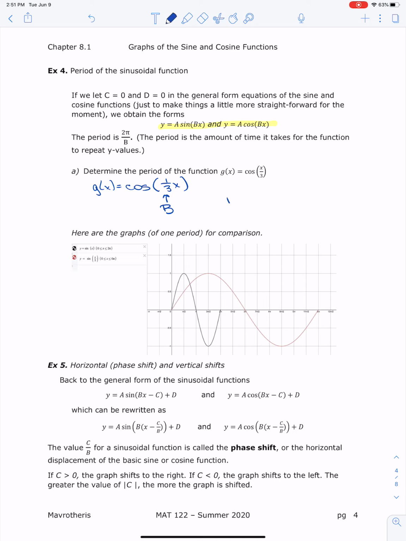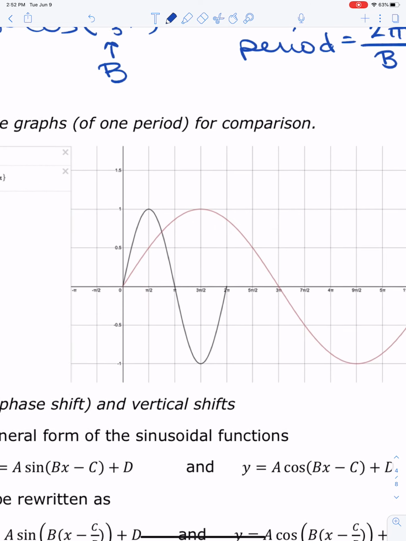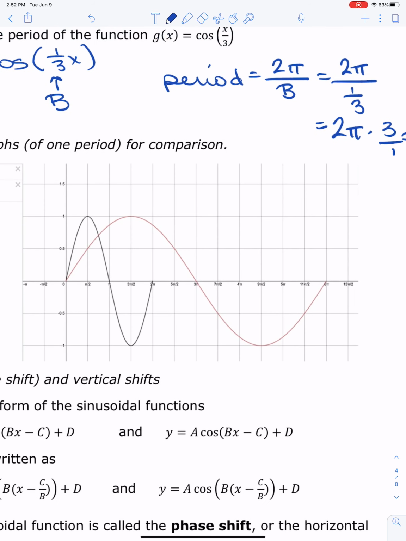If I want the period, it's still 2 pi over b, which is 2 pi over 1/3, which is 2 pi times 3 over 1, 6 pi. What's going to happen to our function is that instead of happening over 2 pi, here's our graph.